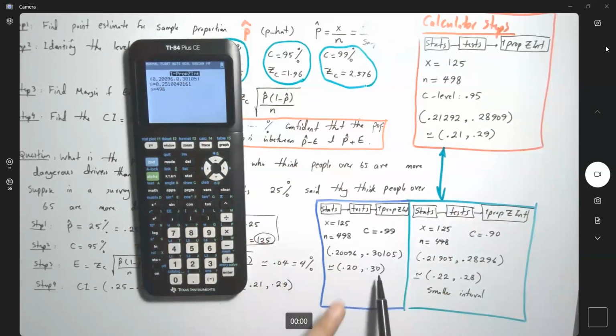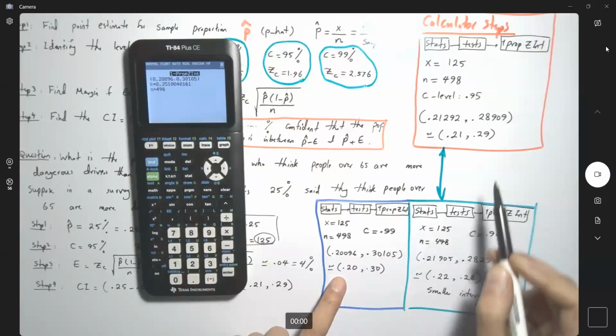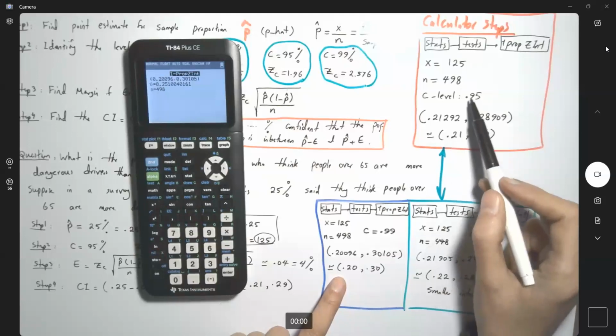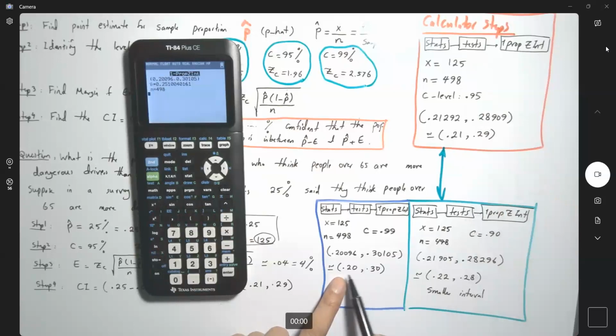Compare this interval for 99% level with this interval for 90%, and compare it with the very first interval with 95%. So as you can see, this interval is the largest. You get a larger interval.